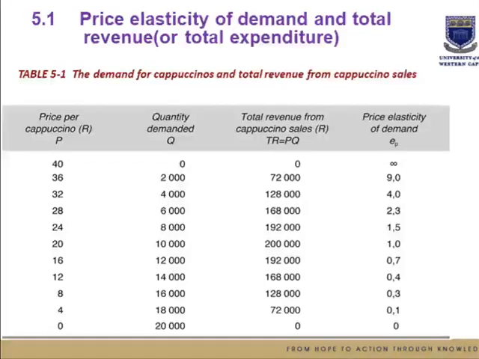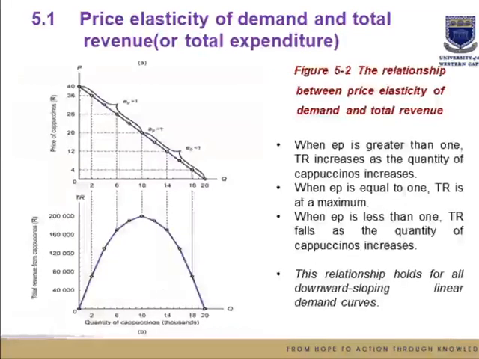Let us use a graphical example based on our numerical example in illustrating the relationship between price change and total revenue. Figure 5.2 illustrates the demand curve for cappuccino and the total revenue collected from cappuccino sales. Furthermore, this figure reflects our three most important relationships between prices and total revenue, which are: 1.